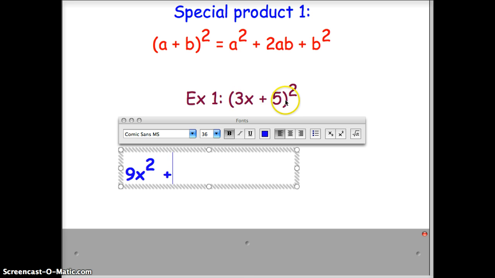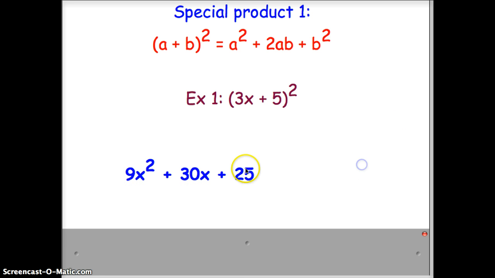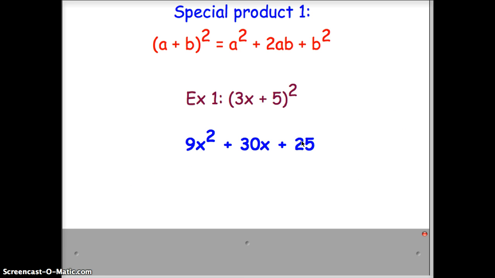Multiplying those, 3x times 5 is 15x. Doubling it, 15 doubled is 30. So that's 30x plus my last term squared. My last term is b. 5 squared is 25. So 3x plus 5, the quantity squared, equals 9x squared plus 30x plus 25.